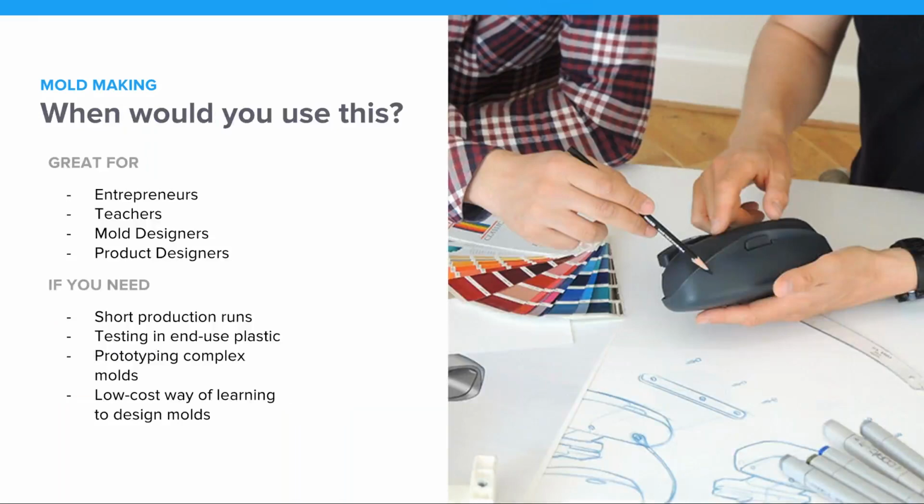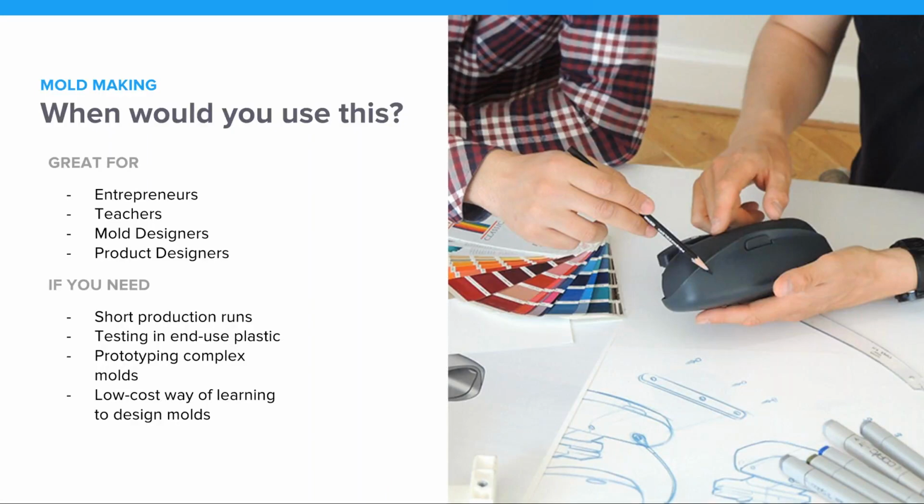In terms of when you'd use this, generally 3D printing is good at prototyping individual parts and specific materials, whereas mold machines are great at a huge range of materials and making lots and lots of parts. By combining the two of them, you can get the best of both worlds. For example, entrepreneurs, let's say you're on Kickstarter, you want to release your product to test and validate it in the market.